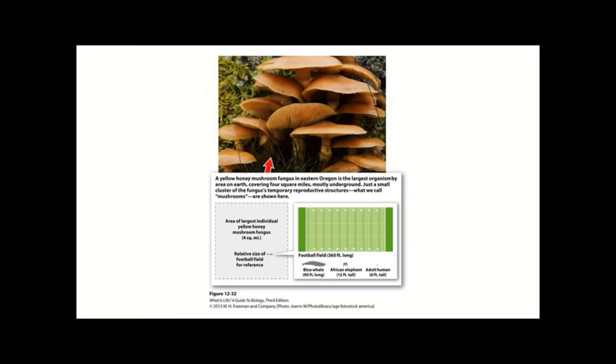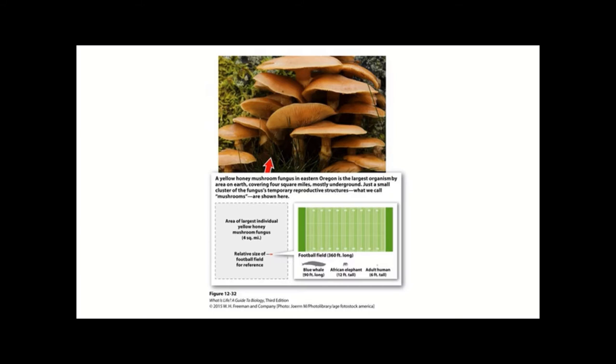So what you're looking at here, these are the mushrooms of the yellow honey mushroom fungus. This has been determined to be the largest organism on the earth by area. So they did genetic testing and sampling of this organism, and were able to determine that it actually covers 4 square miles.